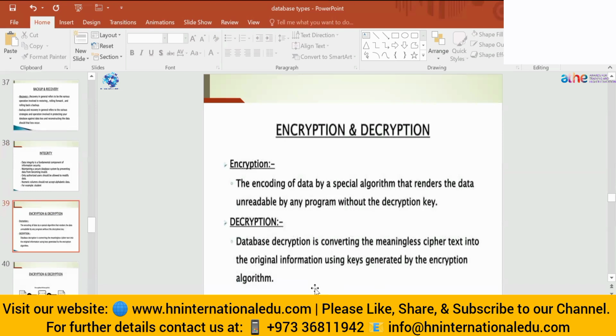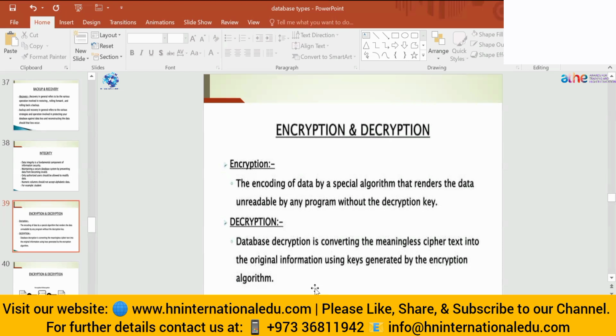Then we have encryption and decryption. Maybe you have heard somewhere the terms encoding or decoding. That is linked with this: the encoding of data by a special algorithm that renders the data unreadable by any program without the decryption key. For example, if I have to send very protected data from source to destination, then I must encrypt the data.